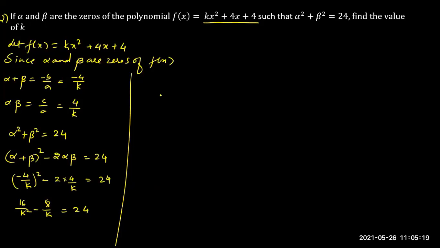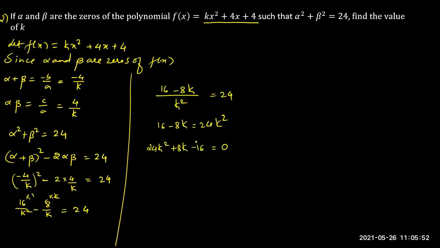And now the LCM is k square. So that is 16 minus 8k is equal to 24k square after cross multiplication. Now you take all the terms to one side. So I'll write 24k square plus 8k minus 16 is equal to 0.